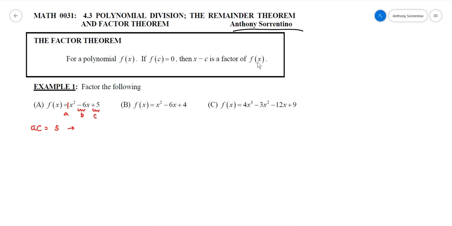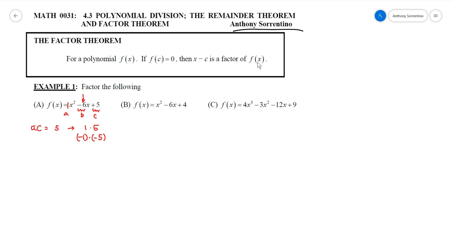As a matter of fact, there's only two: 1 times 5, or -1 times -5. As we can see, it's -1 and -5 that, added together, give me that -6.